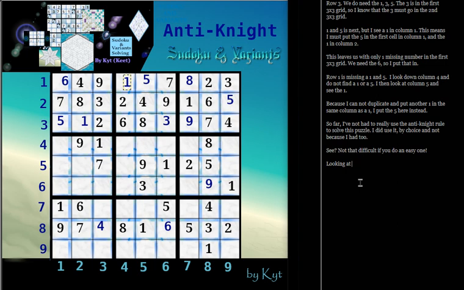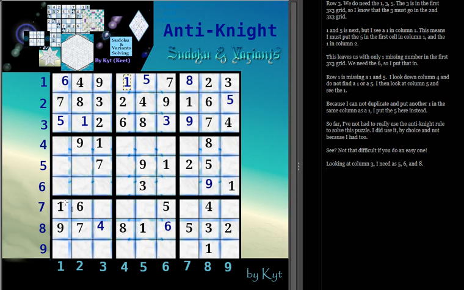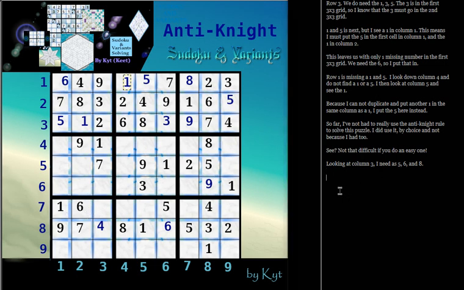Okay, looking at column 3, I need a 5, 6, and 8. Now we see it's 6 here.